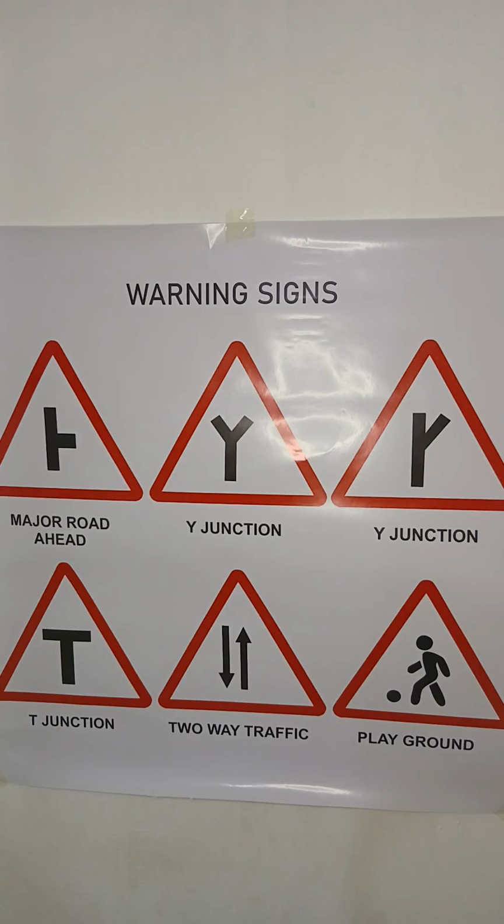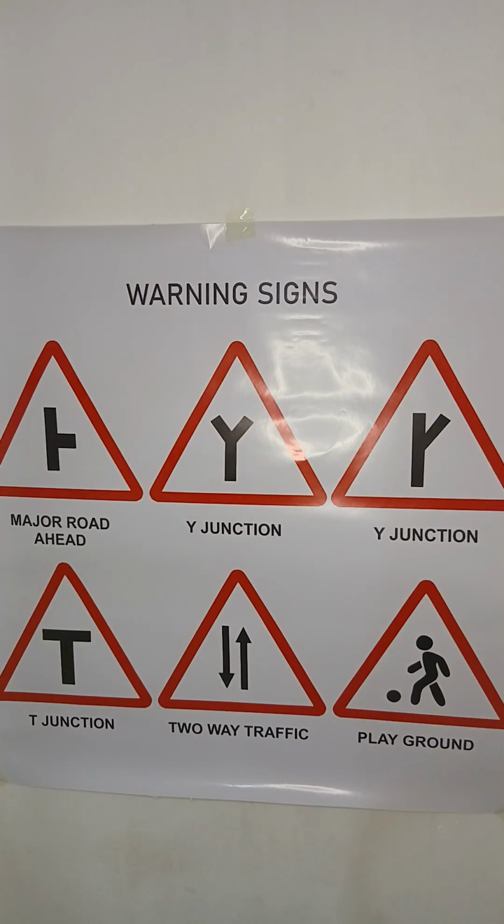So assuming somebody was directing you and said, keep coming straight, and you see this sign, it means that you have to immediately call the person and find out which side you are supposed to go. Should I go to the right or should I go to the left? Because there is no more any way of going straight, because the road is a T junction. You have to decide which arm of the T you are going to use. So that is a T junction.